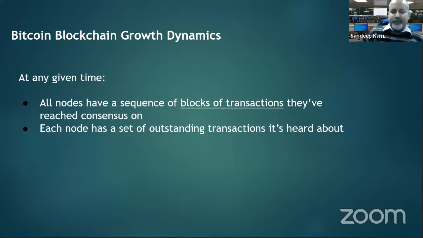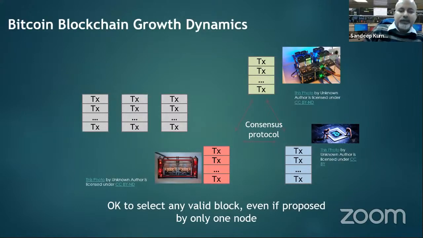At this point, every node will want to decide what would be the next block. Each node has heard, because all transactions are broadcast, of a set of transactions which is not yet part of any block. So you have a lot of transactions.